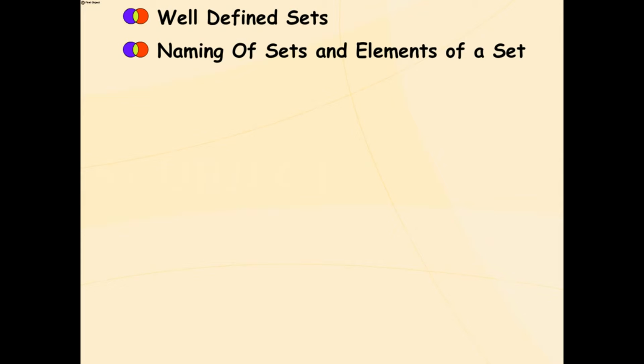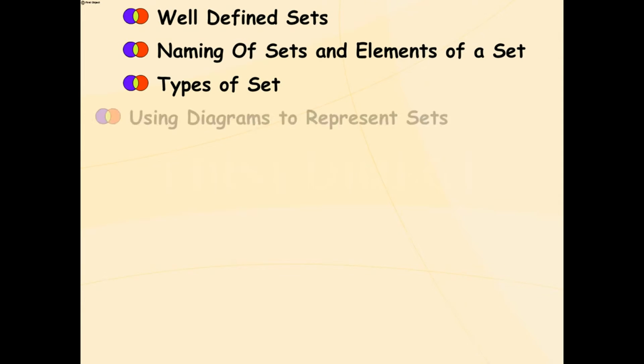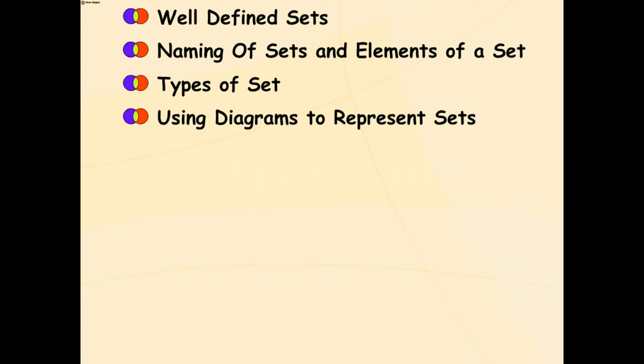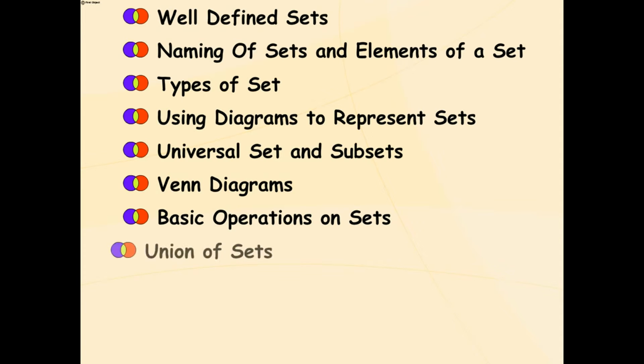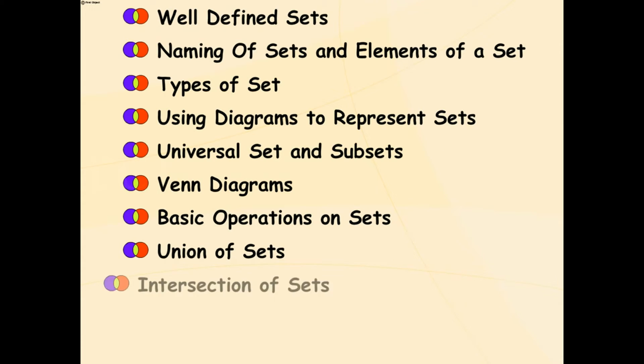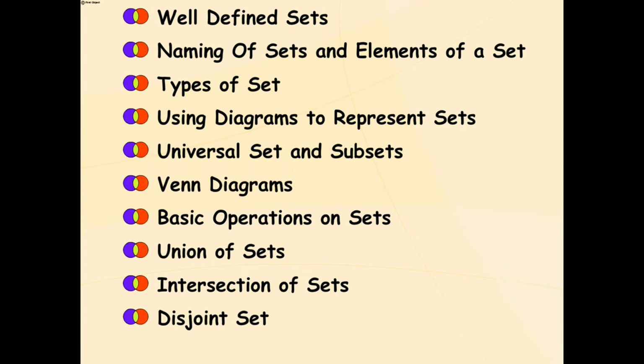In this chapter, we will learn about well-defined sets, naming of sets and elements of a set, types of sets, using diagrams to represent sets, universal set and subsets, Venn diagrams, basic operations on sets, union of sets, intersection of sets, disjoint sets, difference of sets.